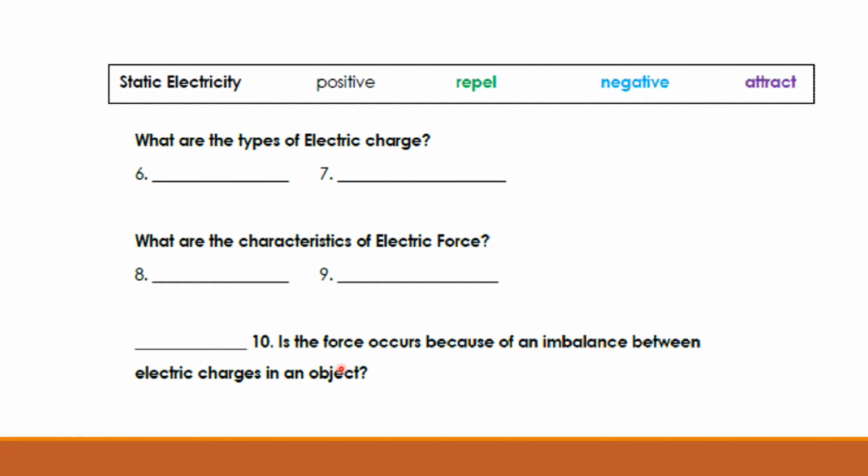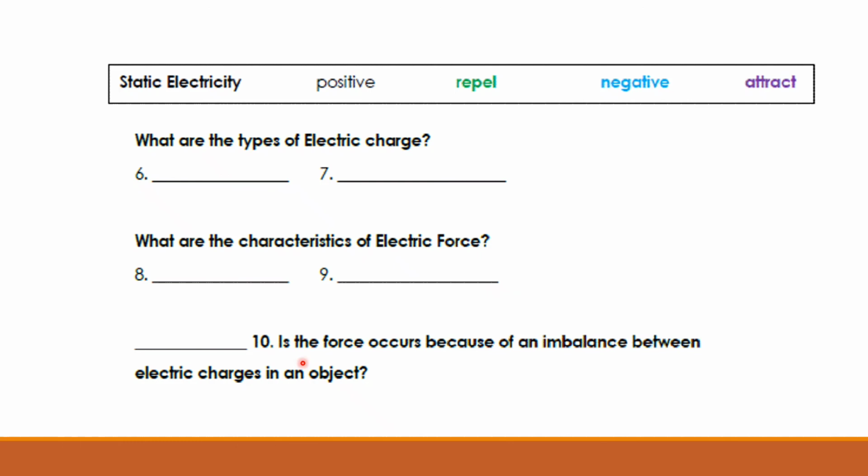it is the force that occurs because of an imbalance between electric charges in an object. Like our example a while ago, when you drag your feet on the carpet and then suddenly touch a metal, there's a spark.